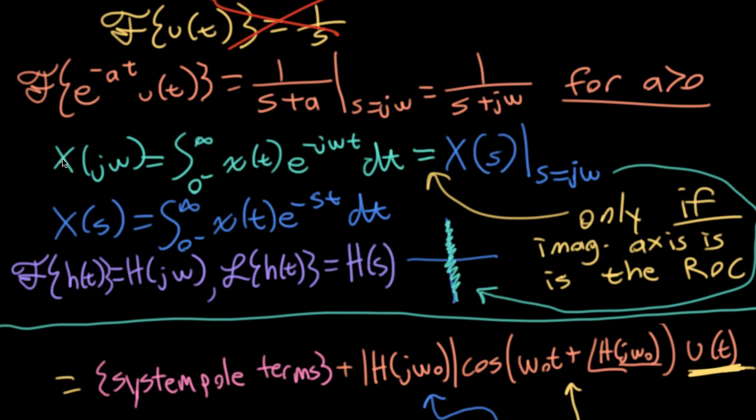And so obviously, in the same way that there's this link between the Laplace transform and the Fourier transform, there's a similar link between frequency responses and transfer functions, where you can in fact get the frequency response by evaluating the transfer function at j omega, but that's subject to the same kind of caveat. That imaginary axis needs to be in the region of convergence.